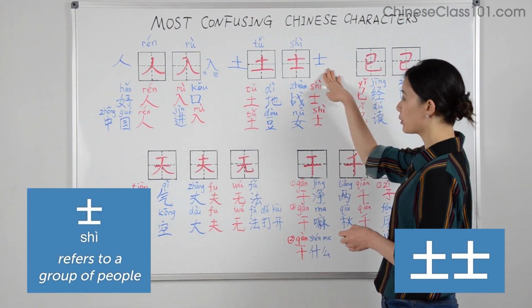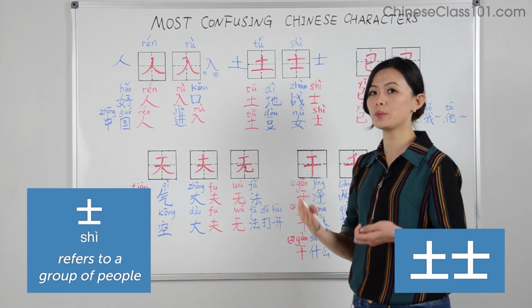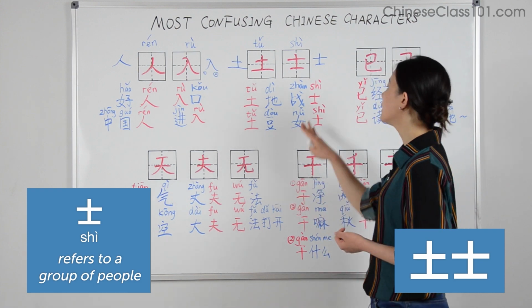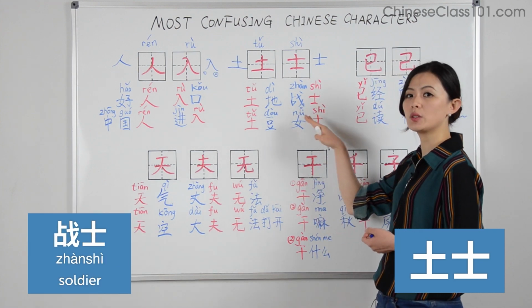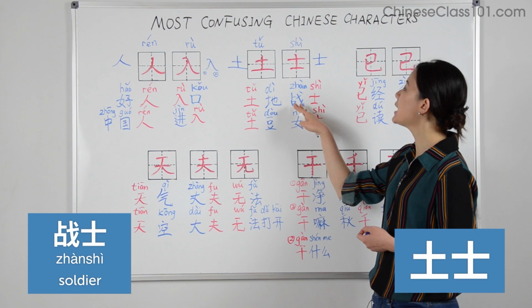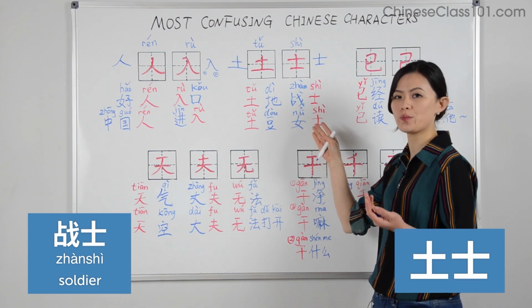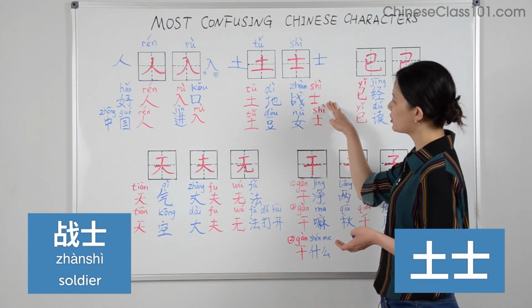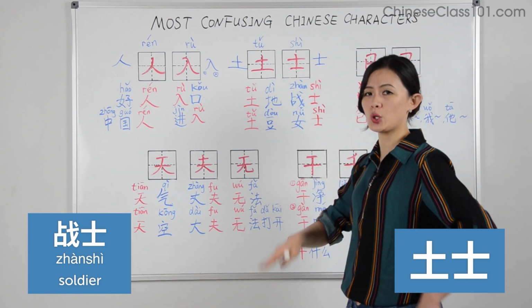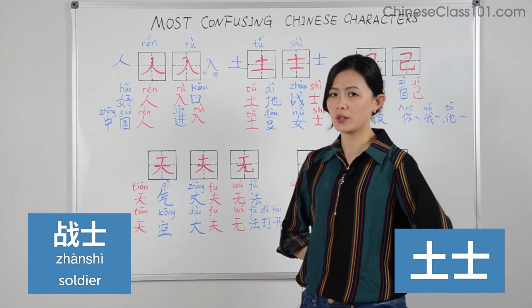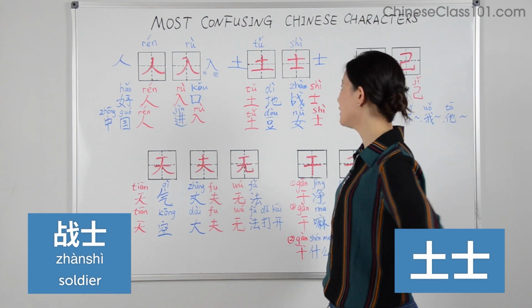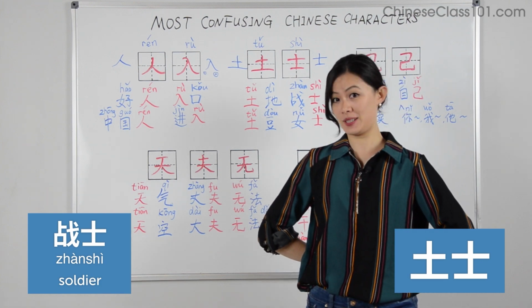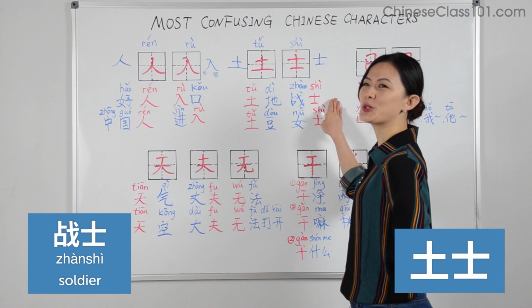While 士 refers to a certain group of people, such as 战士, meaning soldier. 战士, soldier. Well, you can think of 士 as a soldier standing upright with his hands behind the back in the at ease position. Looks kind of like 士.